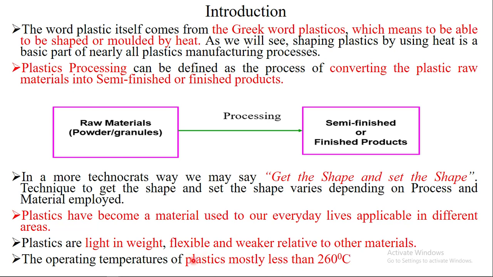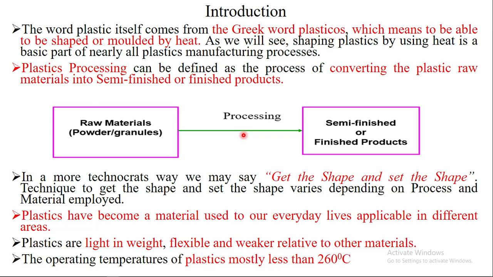In converting or processing the raw plastic material into semi-finished products, we use heat. The temperatures we use in processing are less than 200 degrees centigrade.